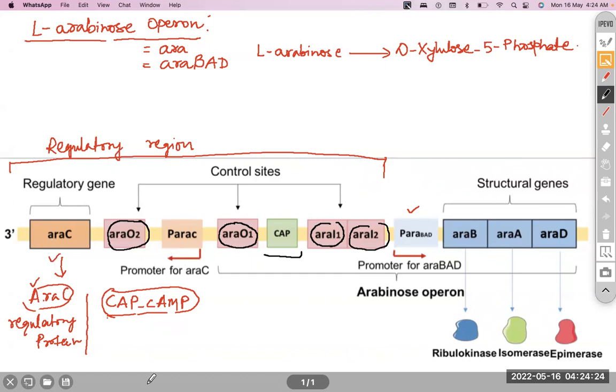You can observe here the direction of transcription is opposite. Here RNA polymerase will sit and transcribe from 5' to 3' direction.